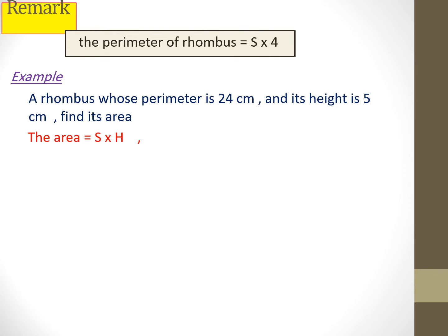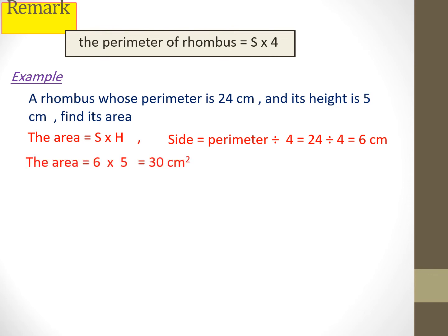We can get the side from the perimeter: side equals perimeter divided by 4, so 24 divided by 4 equals 6 centimeters. Now we have height and side, we can find the area. The area equals 6 times 5 equals 30 square centimeters.